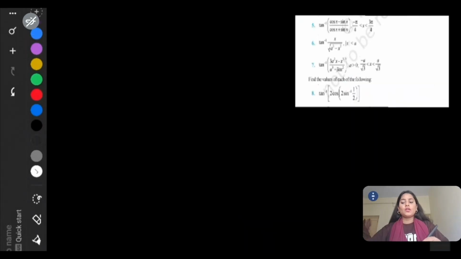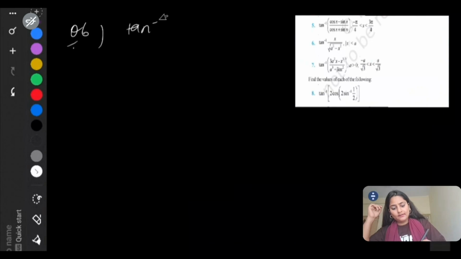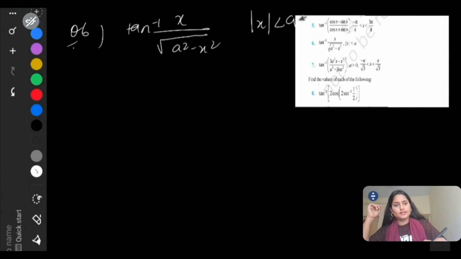So moving on to question number 6. Question number 6: we have tan inverse of x by under root a square minus x square, where x is the mod of x. Okay, so earlier we have seen whenever a square minus x square is there, we will put the value of x as a sin theta or a cos theta, so that we can change it into tan.